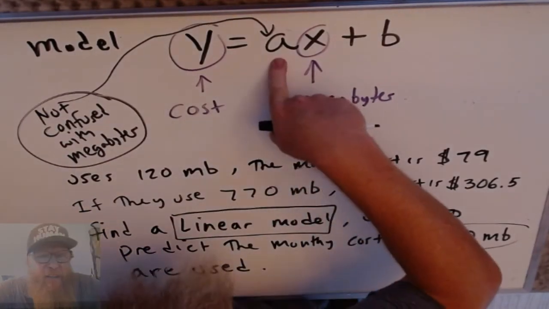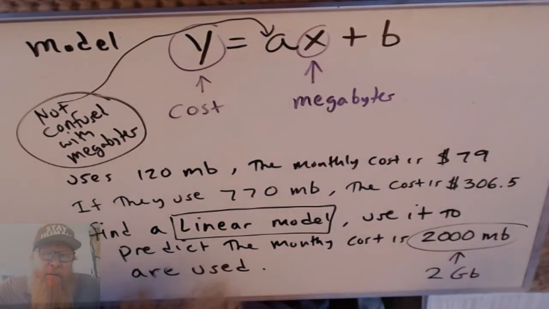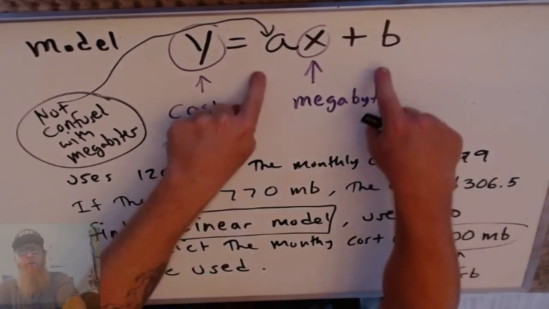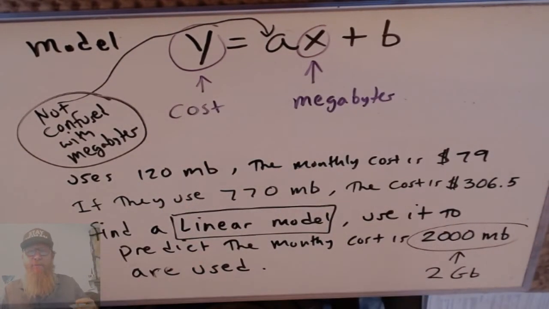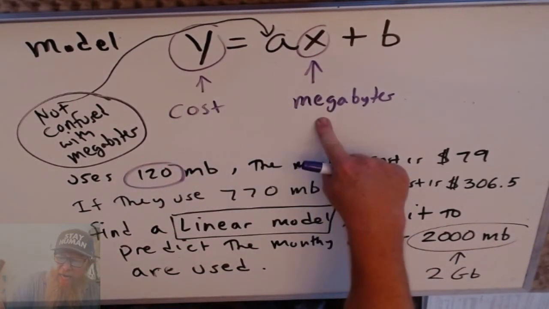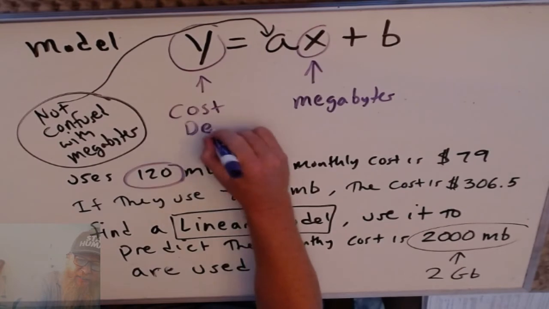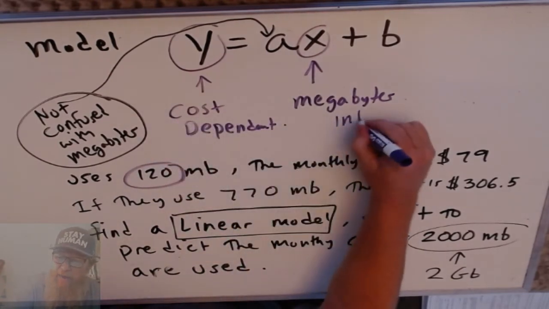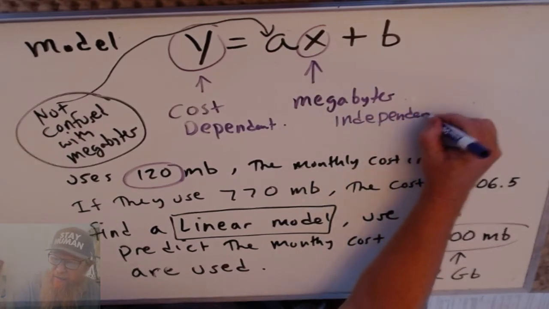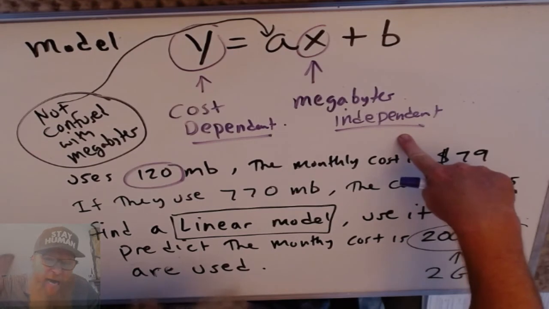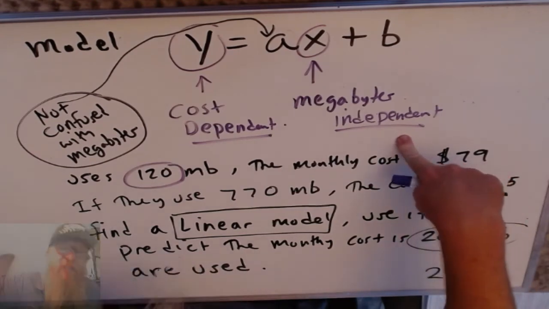Oftentimes people will see the letter M and they'll go, oh, M, megabytes, right? In fact, when I say people, I mean myself. I did that myself a minute ago. Oh God, and this is even more confusing because you have an M and a B, okay? So we've got megabytes, cost is dependent. So megabytes are independent, because you are free to use as much data as you want. Nobody's forcing you to use that data.